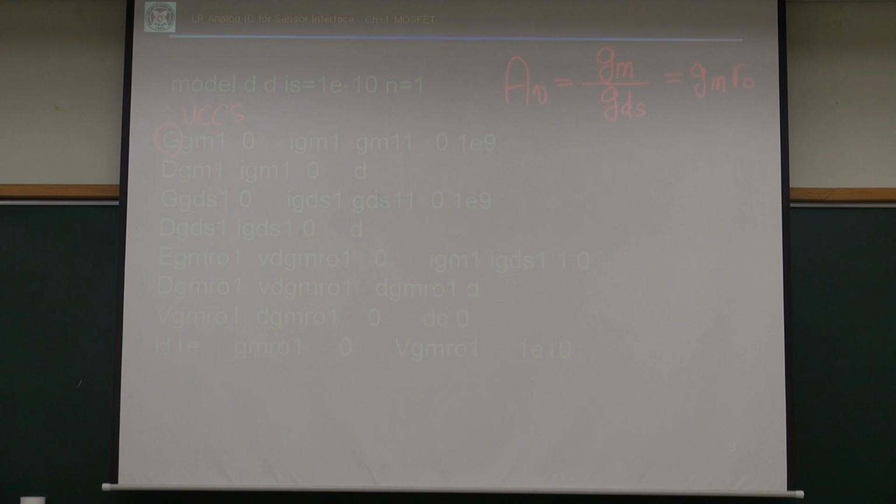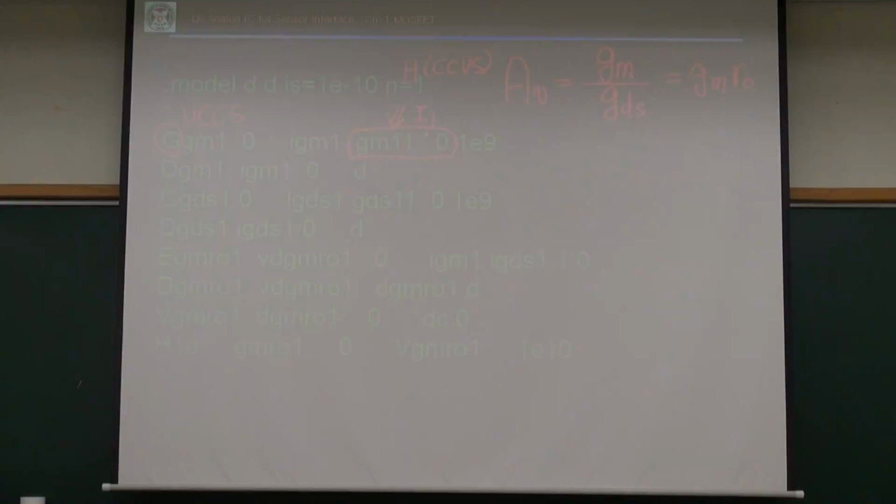The voltage of this node represents a current, right? It was generated by H. This is a current controlled voltage source, which is actually I1 or something like that.